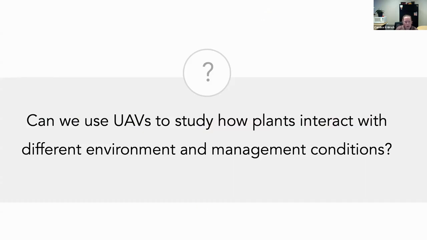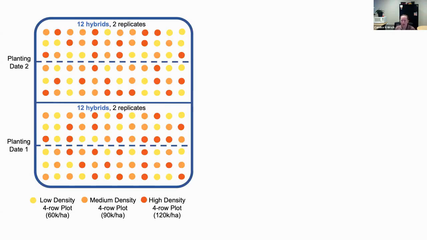So one question we wanted to ask is, can we actually use UAVs to study how plants interact with different environment and management conditions outside in a more structured way? And so we designed an experiment that used 12 different hybrids planted at 2 different planting dates.